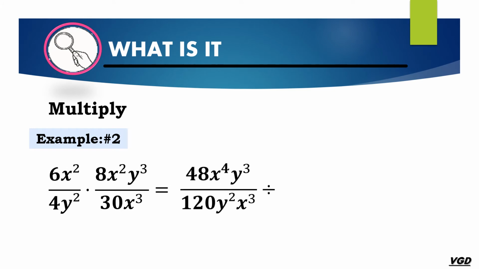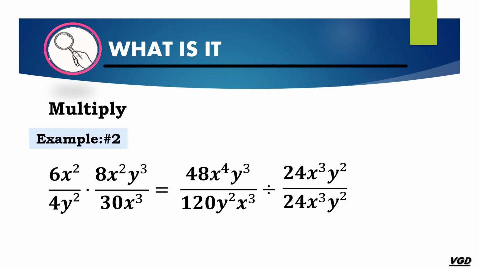We can still simplify 48x to the power of 4 y cubed over 120 y squared x cubed to lowest terms. So just get the GCF of the values of both the numerator and denominator, and that is 24. That's for the numerical coefficient. And for the literal coefficients, we will just choose the variables with the least exponents.